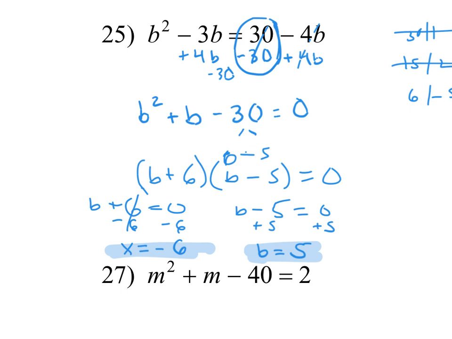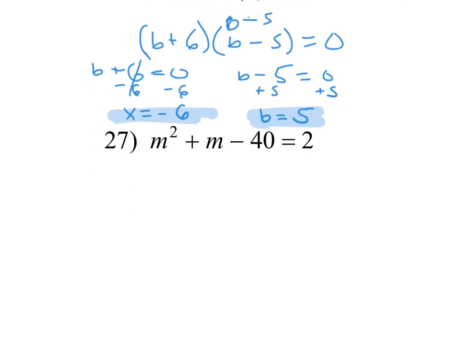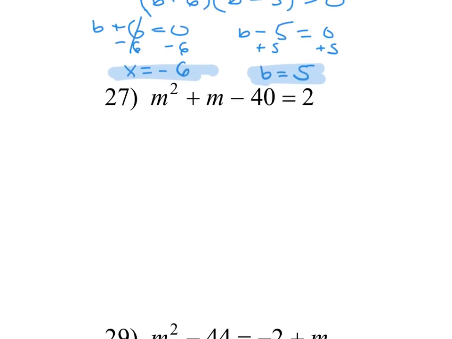All right, let's go to 27. What should we do first here? Subtract 2. Perfect. Got to move everything to one side. Got to combine it with its like term. So we have negative 40 minus 2.